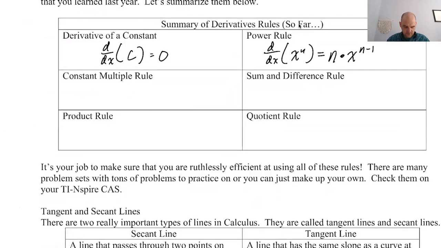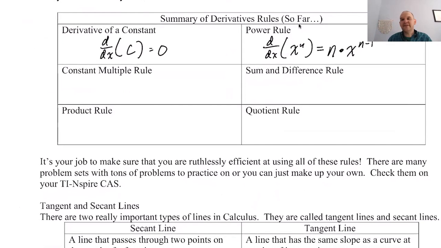And then the next rule is the constant multiple rule, which you will never think about, but you will use a lot. That says that the derivative of a constant times a function, let's say a function f of x, is going to be equal to the constant times the derivative of that function.